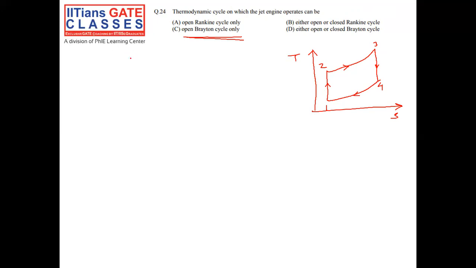So this 1 to 2 is compression, which is ideally isentropic.